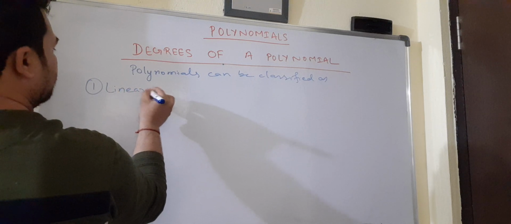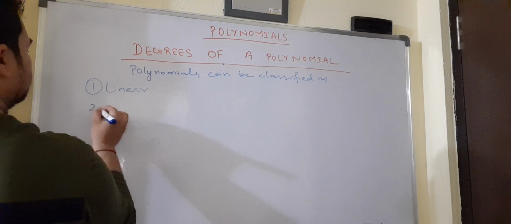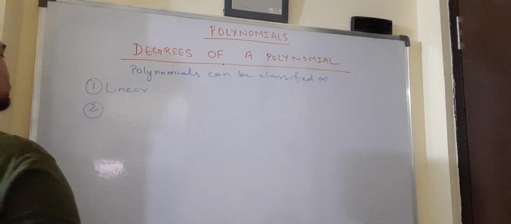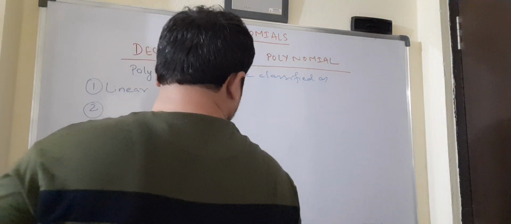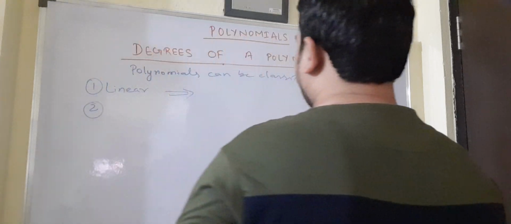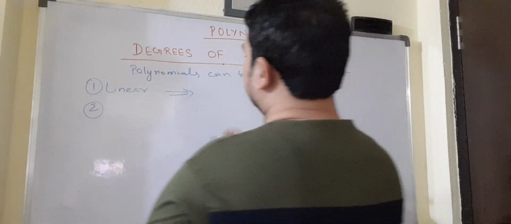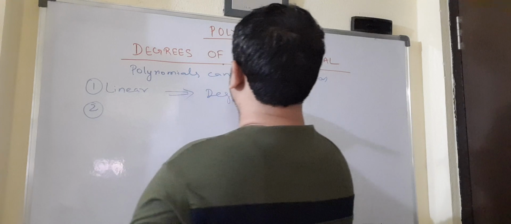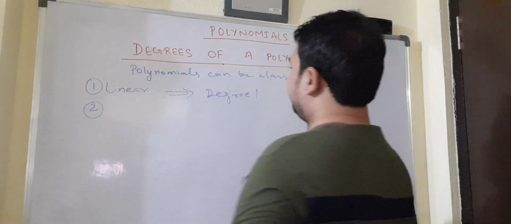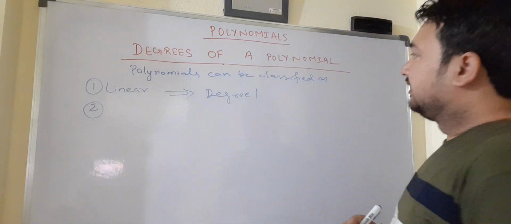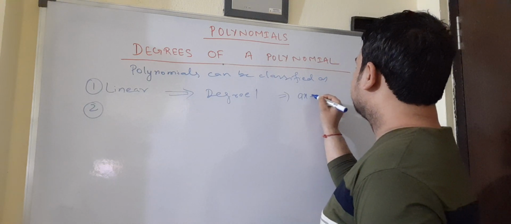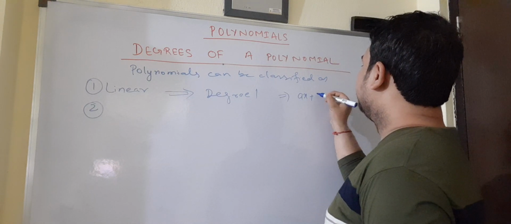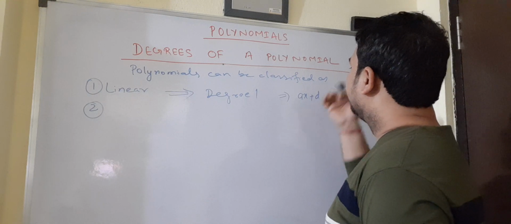Linear polynomial. A linear polynomial is that which has a degree of 1. So it is going to have the form of ax plus b, or any letters you take. Suppose I take d.